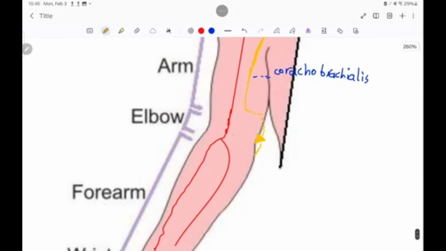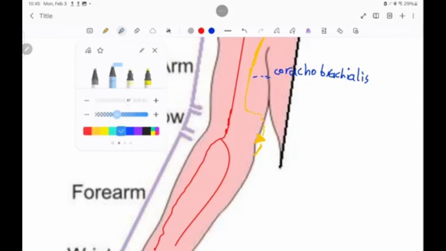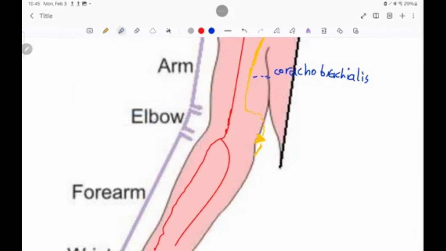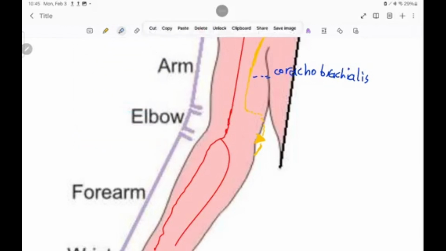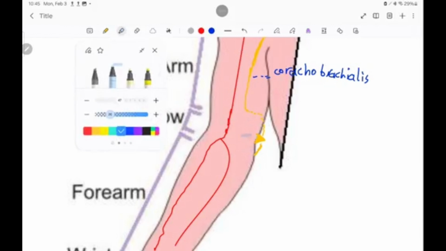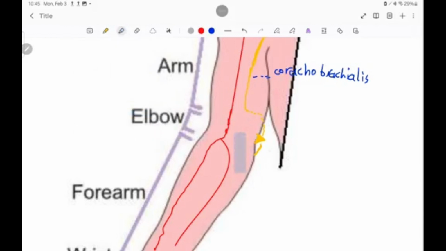As we enter the forearm, the nerve will go between the two heads of flexor carpi ulnaris. There are two heads of flexor carpi ulnaris, and the nerve will go between them. Here is one head, and here is the other head.